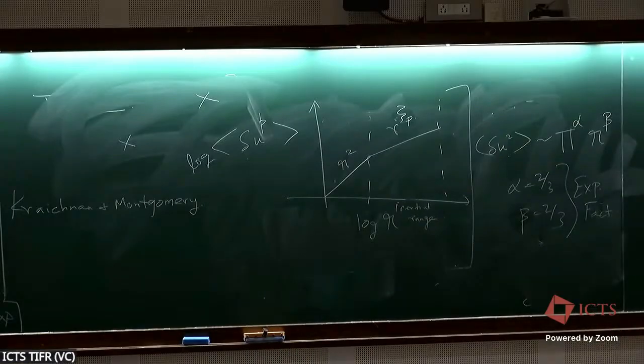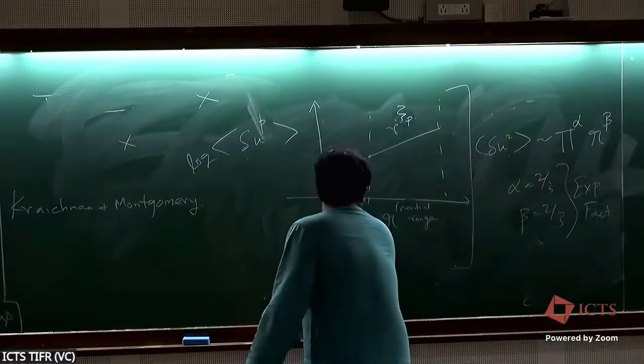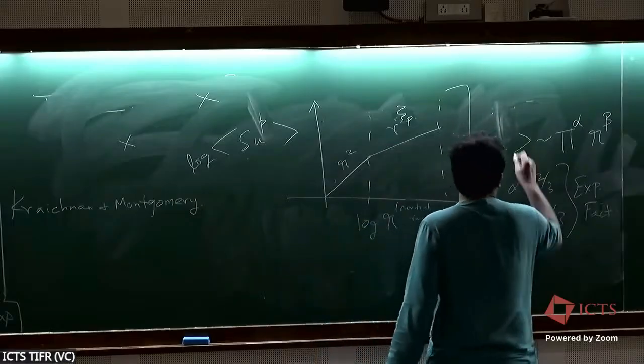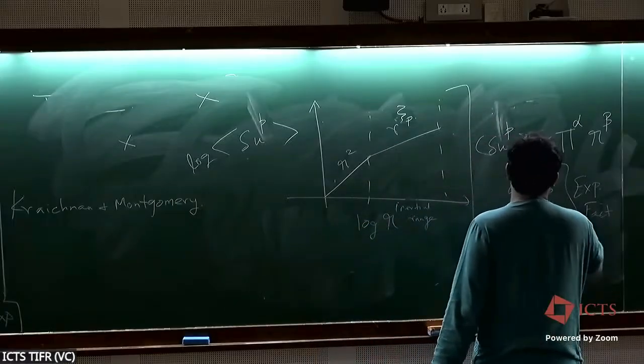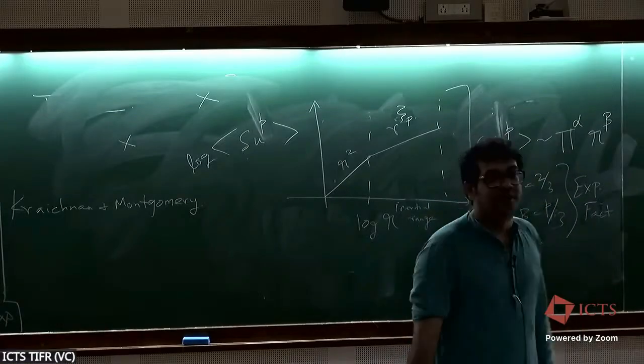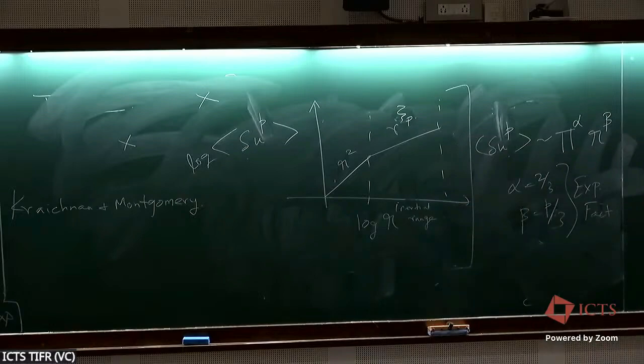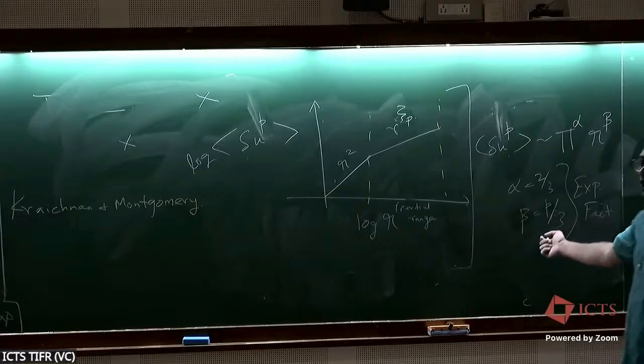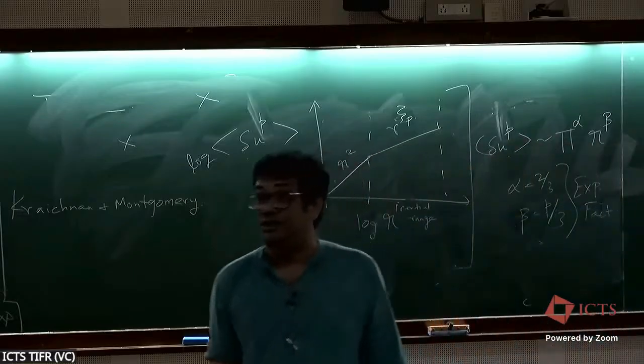If things were nice and simple, using similar dimensional arguments, you can convince yourself that beta turns out to be p over 3. This is at the heart of Kolmogorov's work. These are known as equal time exponents in the literature. In case you want to Google, just search for equal time exponents in turbulence. So these exponents, Kolmogorov suggested, are just simple scaling laws, and they scale as p over 3.